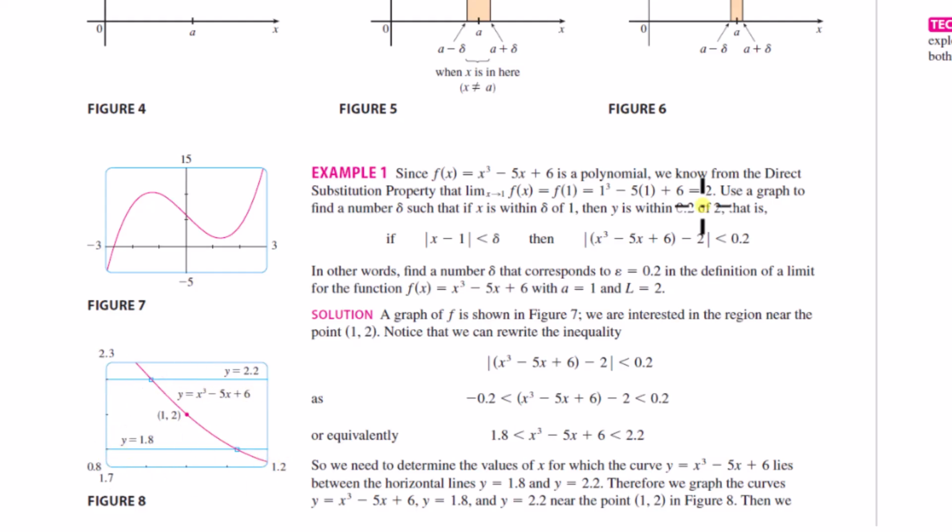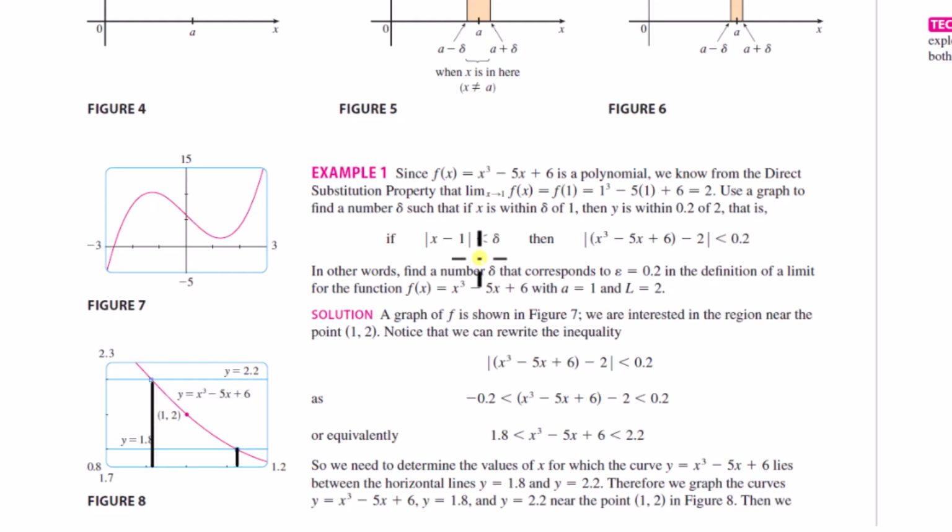And then graphically, they determine the x values corresponding to where the function intersects these horizontal lines. And they get that this is 0.92 and this x value is 1.12. Okay, so now, what's the delta value? That's what we're being asked, right? According to the precise definition of the limit, if we set epsilon equal to 0.2, then what's delta?